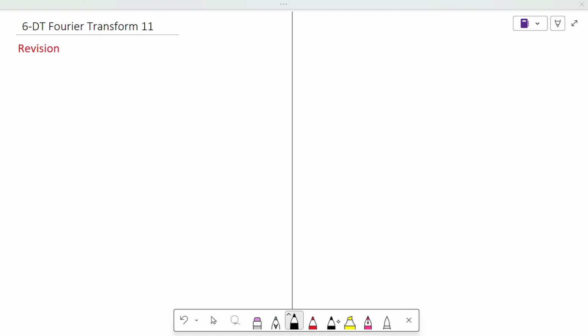In this revision, you know that here I'm writing discrete time Fourier transform pairs. See, this is x of n. It is a discrete time signal.